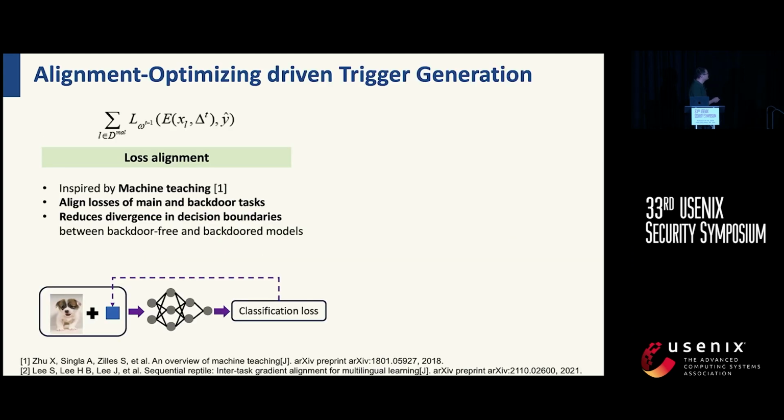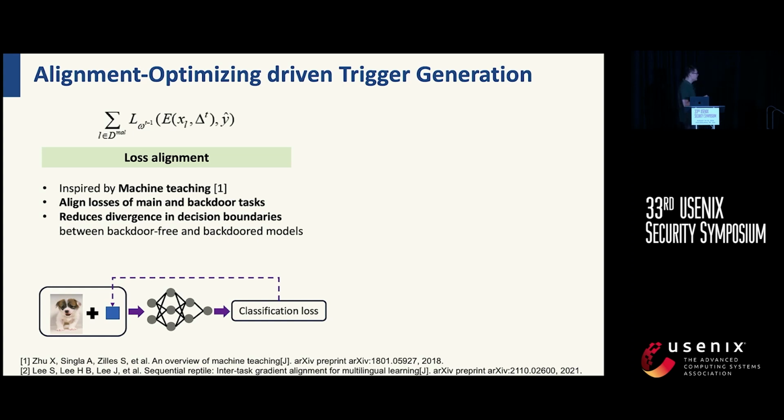The idea is that in a benign client, when we do the training, we want to minimize the loss with respect to the model. So in this case, given the global model from the last iteration, we should choose the delta t, the trigger, such that this loss is minimized.